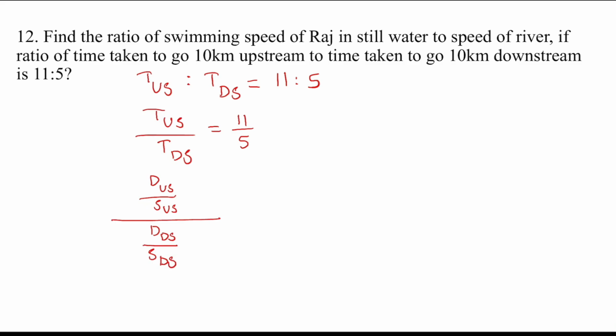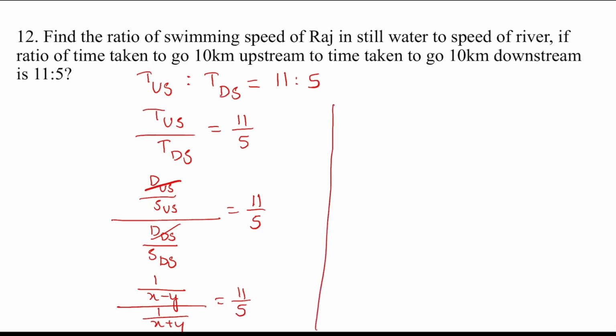Okay, distance is the same, so distance cancels, which is equal to 11 by 5. So speed upstream, we know it is x minus y, the whole divided by speed downstream, which is x plus y, is equal to 11 by 5. Okay, then when you solve this, x plus y divided by x minus y is equal to 11 by 5.